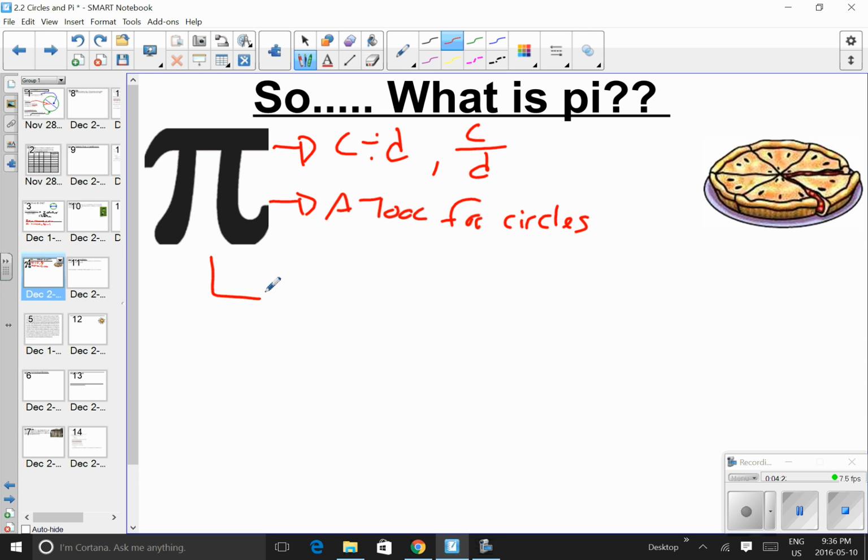Or my favorite way to think about this is the number of diameters in the circumference. Sorry about my penmanship here.